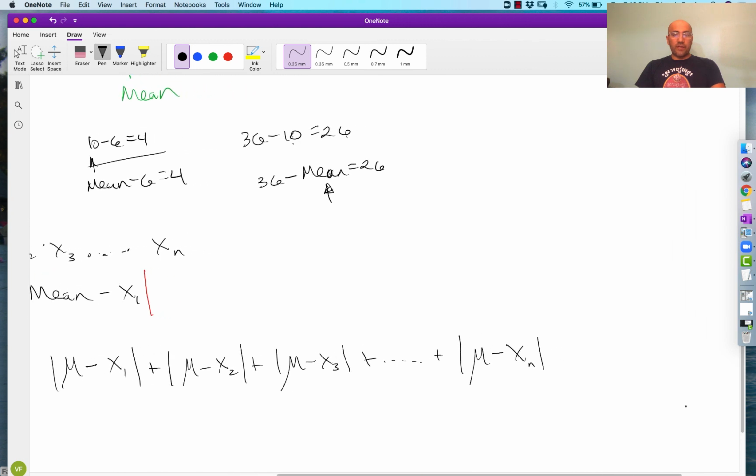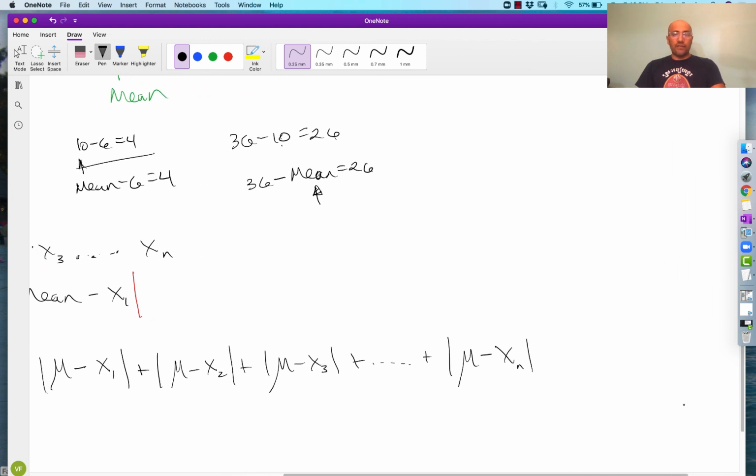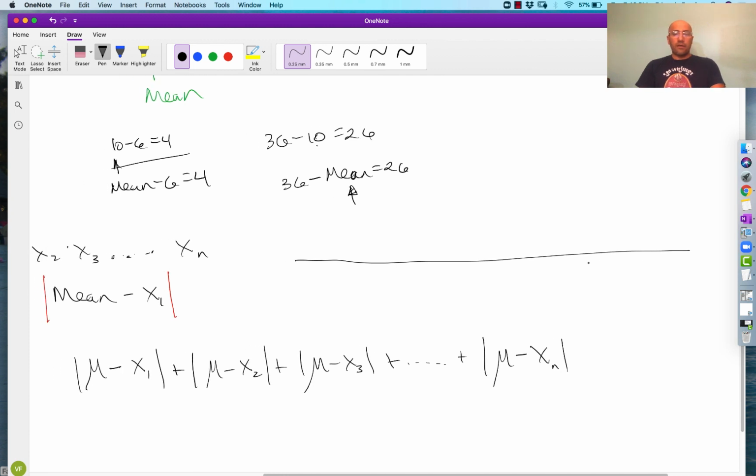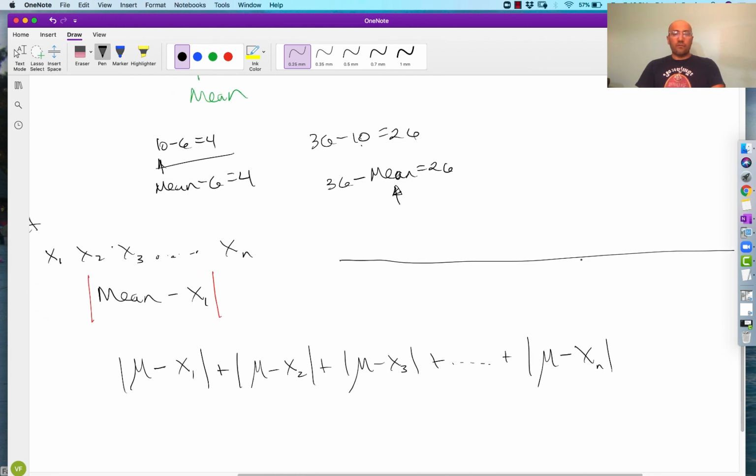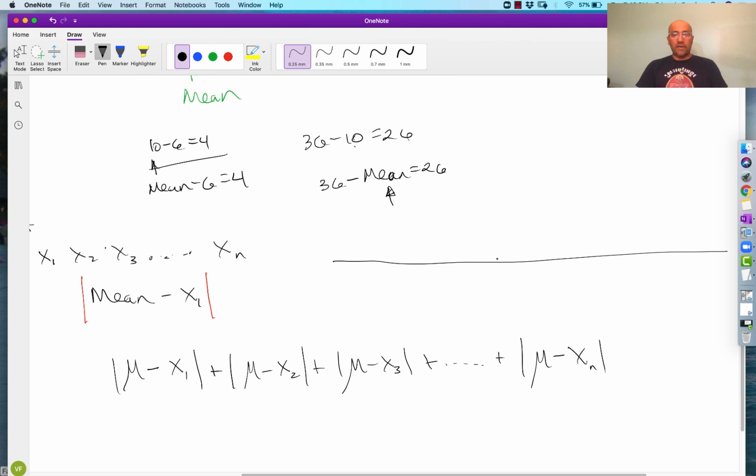So let's create a number line to visualize this. If I have a number line, and just for argument's sake, let's say here is the mean. I'm not actually going to put any numbers on there because I'm just saying in general, just to conceptualize it. Here is the mean, somewhere on that number line. And then the little x values are all over the place.